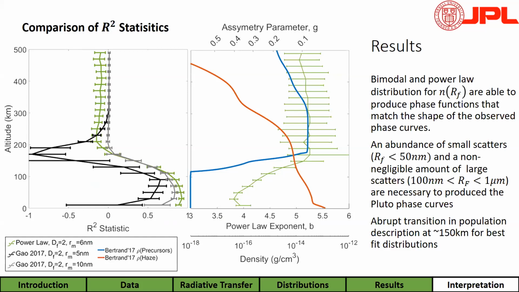This is our R-squared statistic, and you can see that at every altitude we fit the observed phase curves better, except at about 150 kilometers. 150 kilometers is also the area where we have a very sharp transition in the nature of our phase curves. So we go from highly forward scattering, as you can see from the power law exponents, to a nearly isotropically scattering atmosphere.